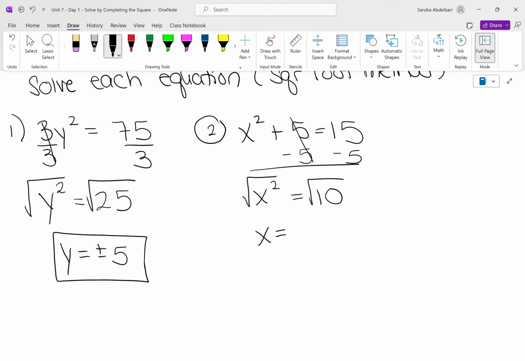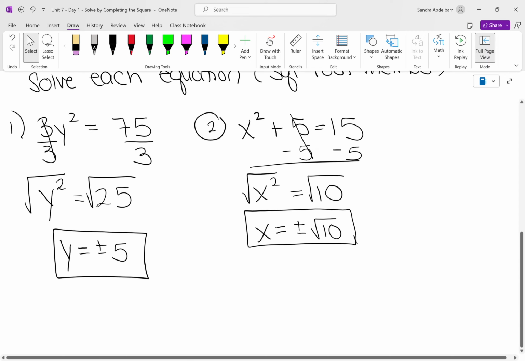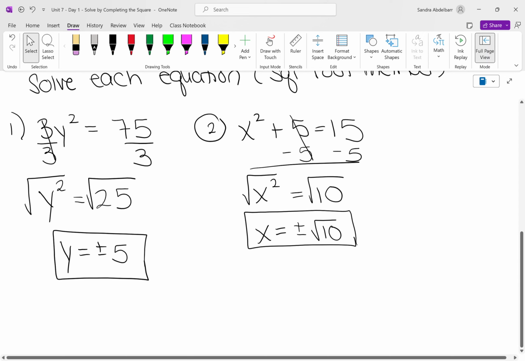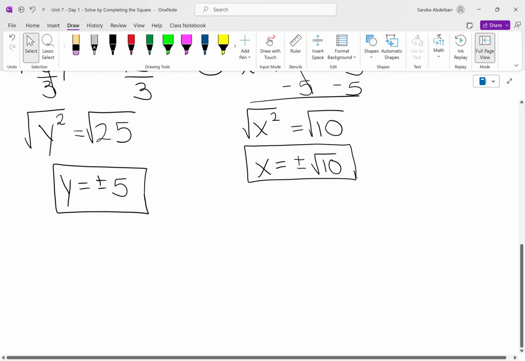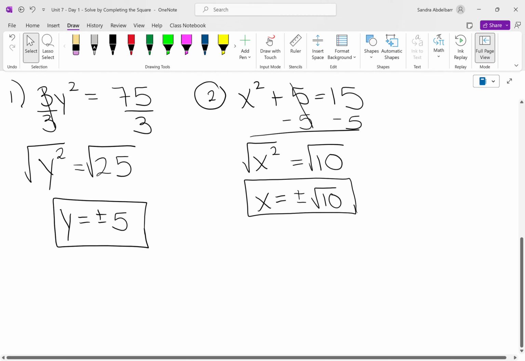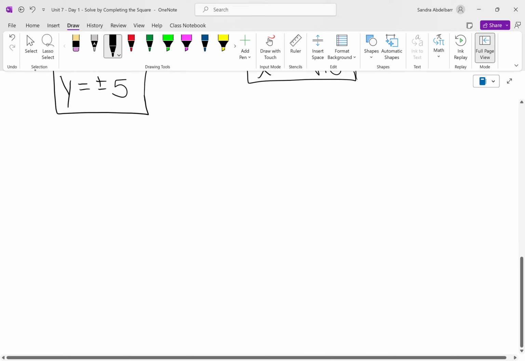Do not forget, the minute you take a square root, it becomes plus or minus. Can I simplify the root of 10? Any pairs there? No, so we leave it just like this. Got it?